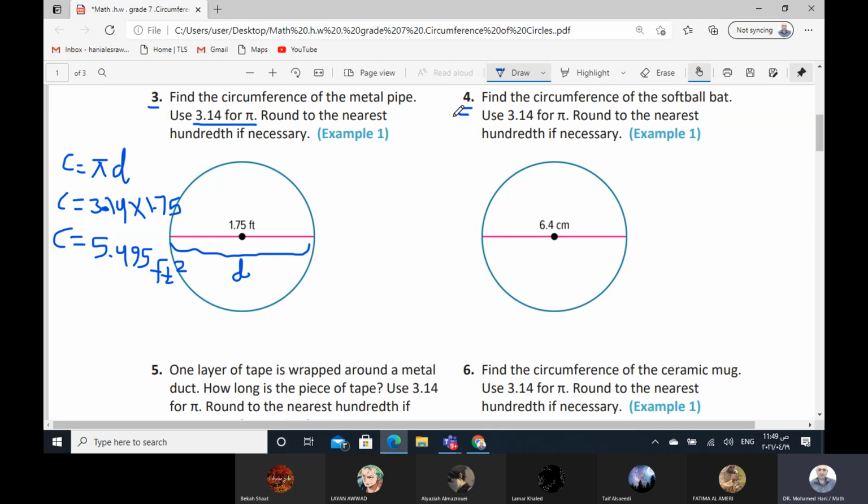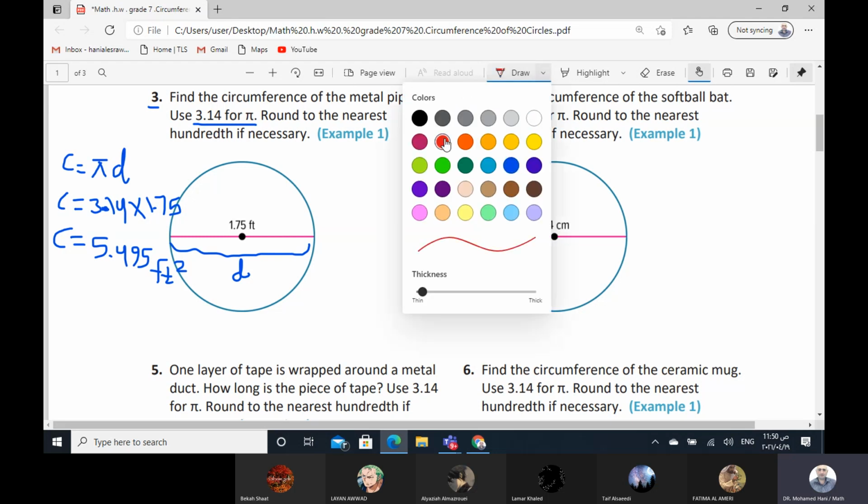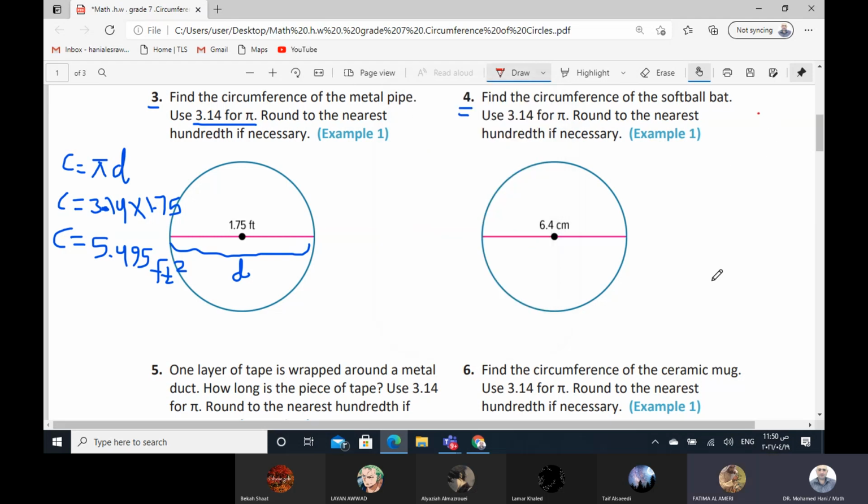Who can read exercise number 4? Fatima, can you read it, please? Yes.